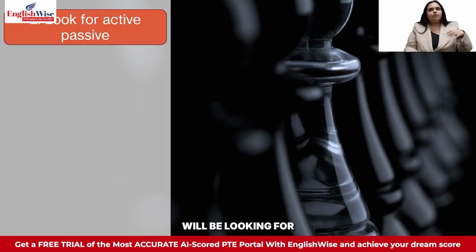You know that you will be looking for the object of the sentence, and if the object is before the blank, it is passive voice. If the object is after the blank, it is active voice.